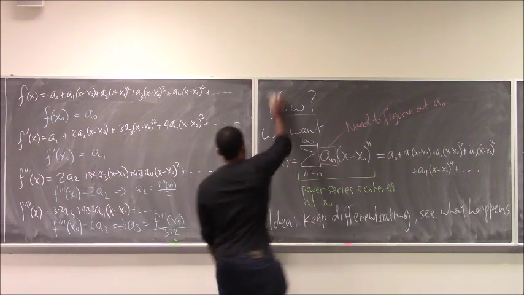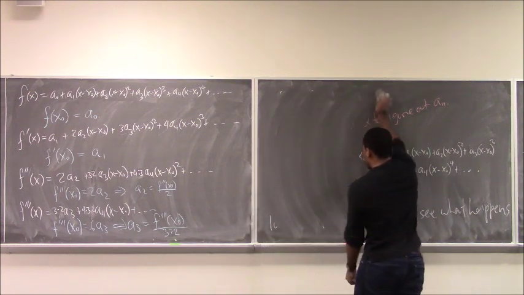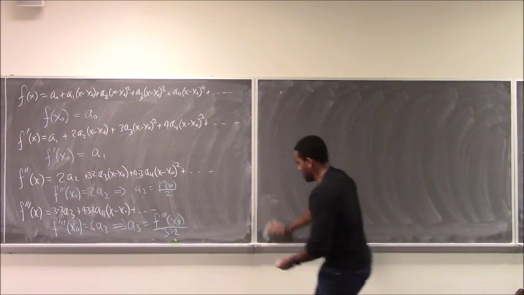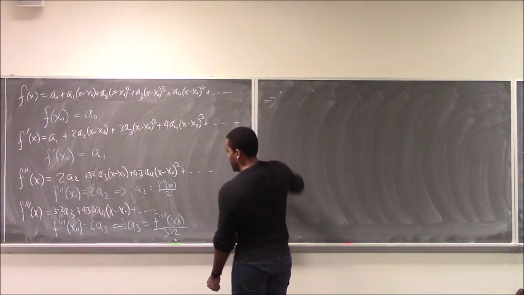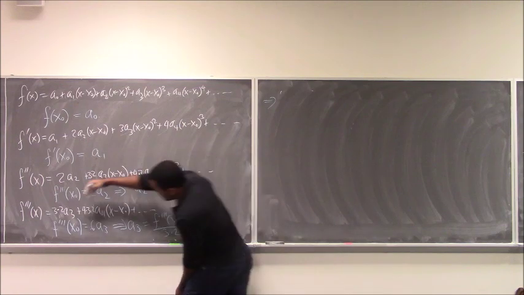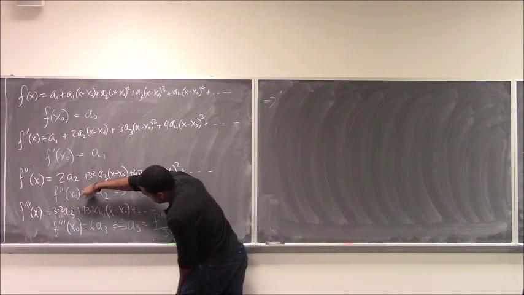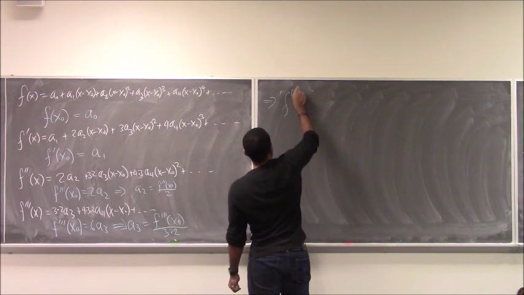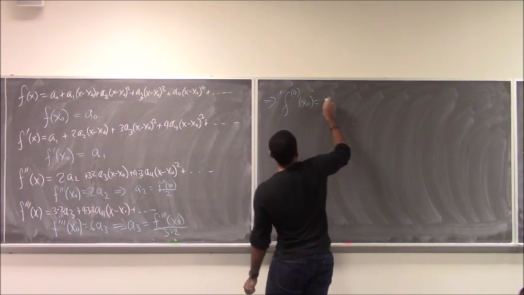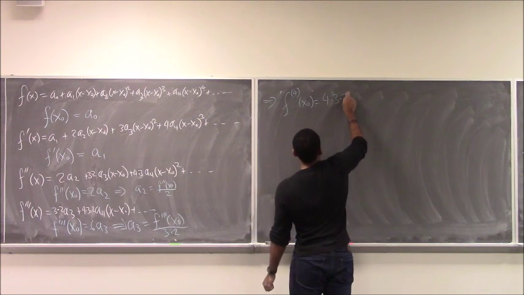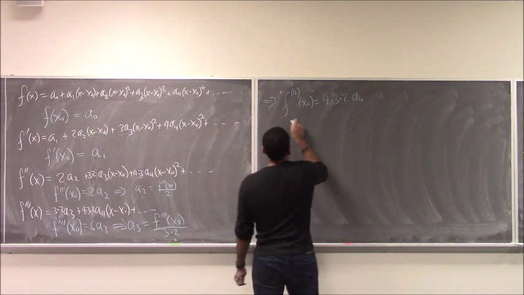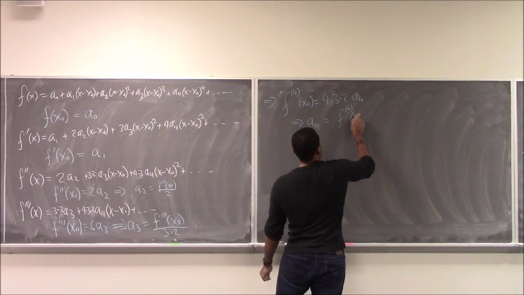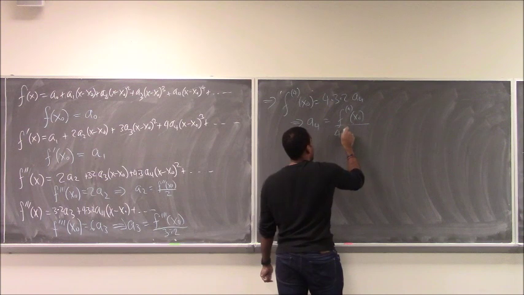You'd also notice that if you continue playing this game, the fourth derivative, that guy's going to die. This would just give you 4 times 3 times 2 times a4. The fourth derivative evaluated at x naught is going to be 4 times 3 times 2 a4, which means that my a4 is going to be the fourth derivative evaluated at x naught, divided by 4 times 3 times 2.